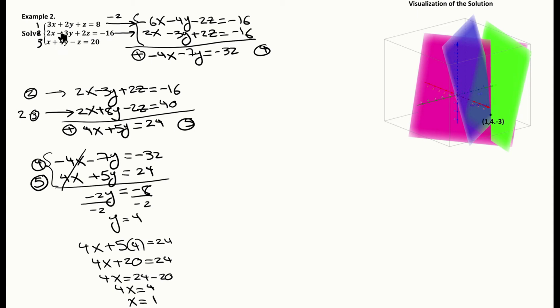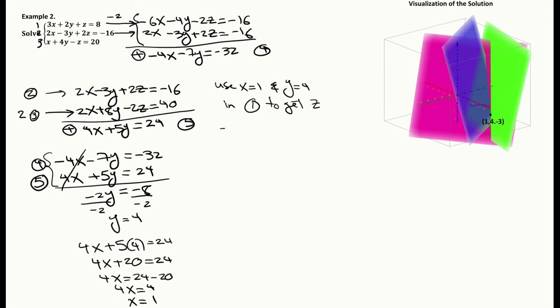We can go to any of those three equations to get z. And of course, we'll go into that last one because that seems to be the easiest one, or even the first one. That's a positive z. That might even be better. Let's go to the first equation. Either one. You can go to any of those three. So we're going to use x equals 1 and y equals 4 in equation 1 to get z.